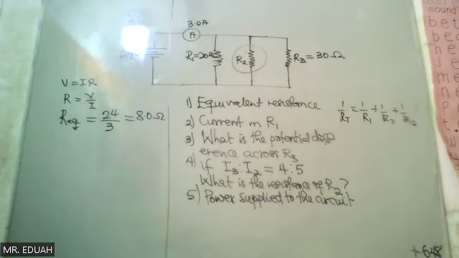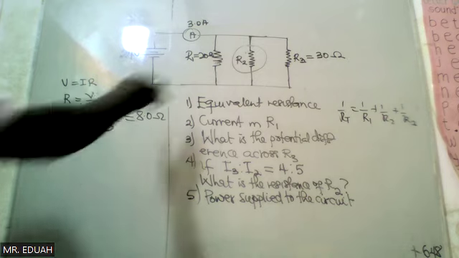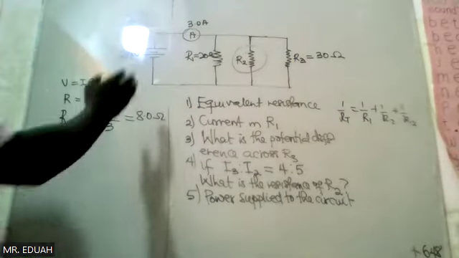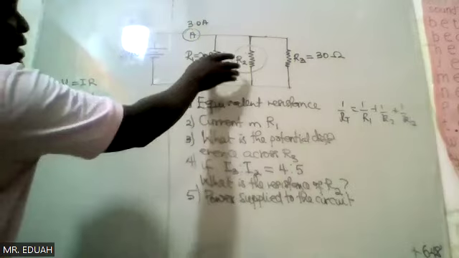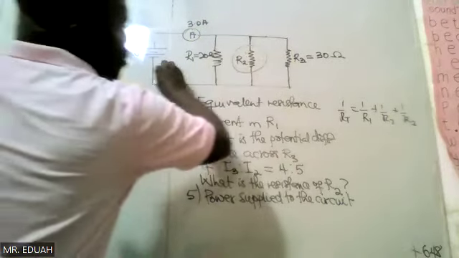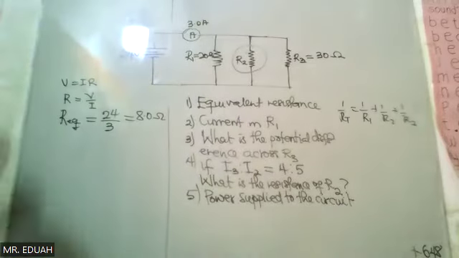Why are you using that voltage? You see, these are resistors connected in parallel, and when resistors are connected in parallel, the voltage drop or potential difference across all of them is equal to the source voltage.